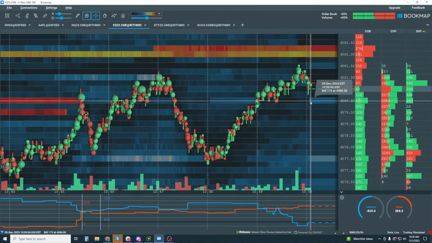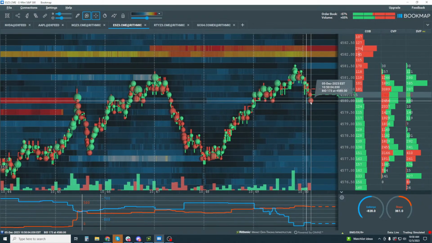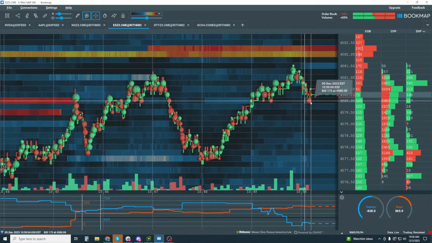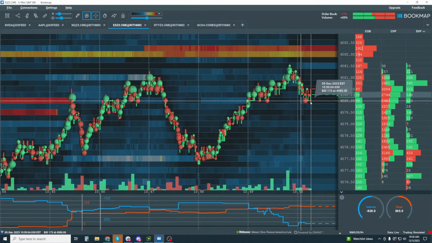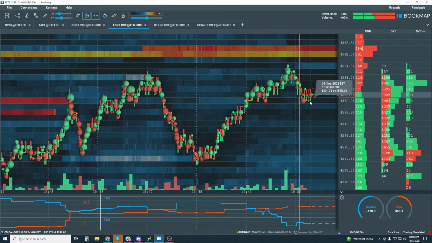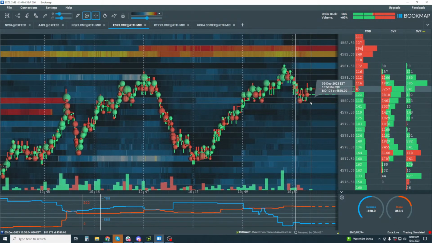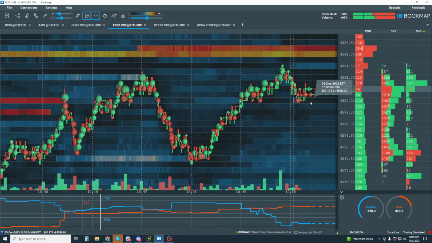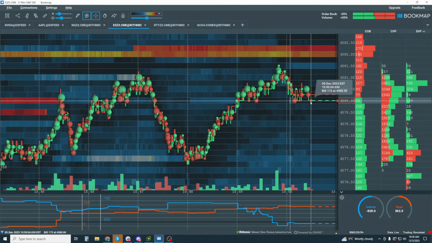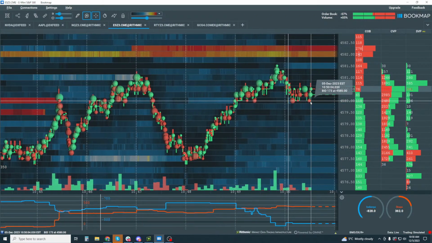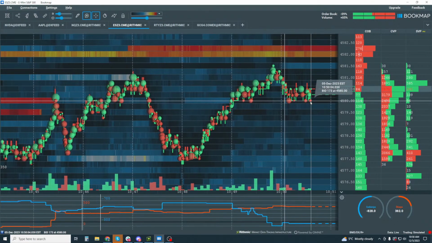We can look for these areas in here and look at this context, but something can shift and change immediately. And then how do we handle that? It has to be done through risk management. You can look at this market and say, well, it should do this, it should do that, but you need to protect yourself.